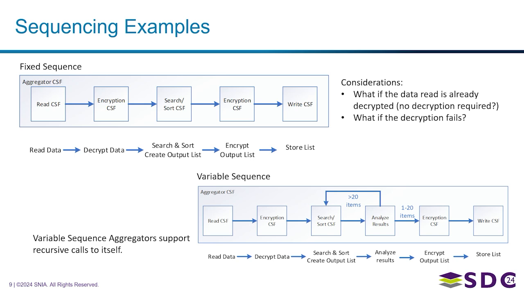A couple of considerations that we had to spend a lot of time thinking about in the computational storage TWG. Thinking of our fixed sequence in the upper left, what if the data that's read by the first CSF, the read CSF, is already decrypted and no decryption is required? Is it an error?